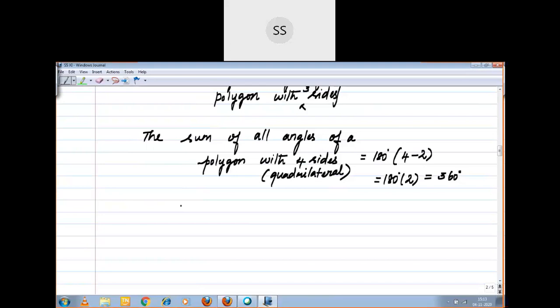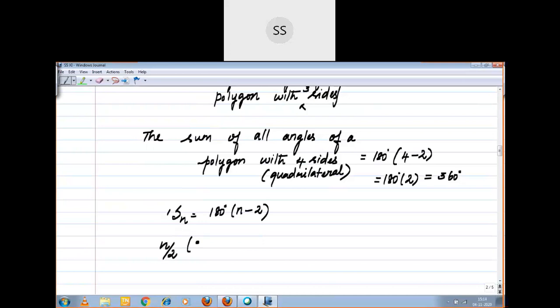Right. Now, Sn equal to 180 degree into n minus 2, the sum of all angles of a polygon with n sides. So, that should be represented by Sn. Now, Sn, what is the formula?